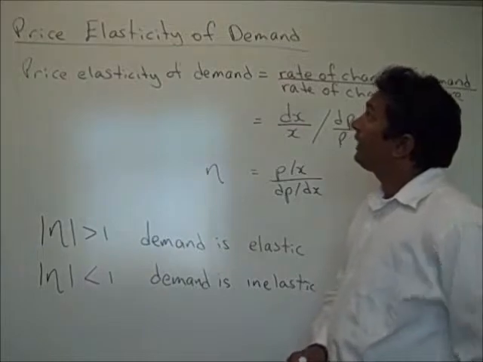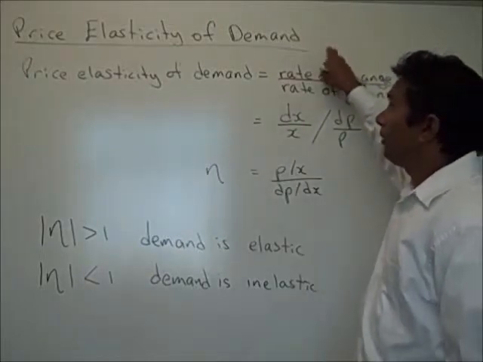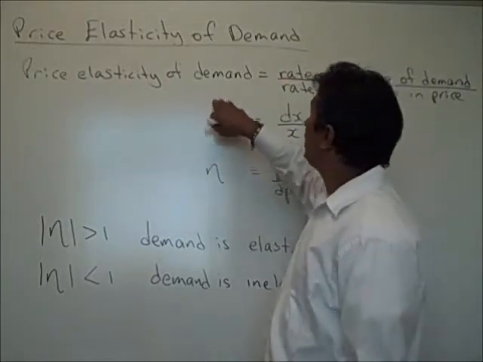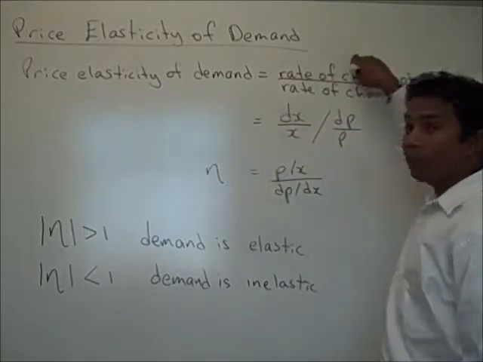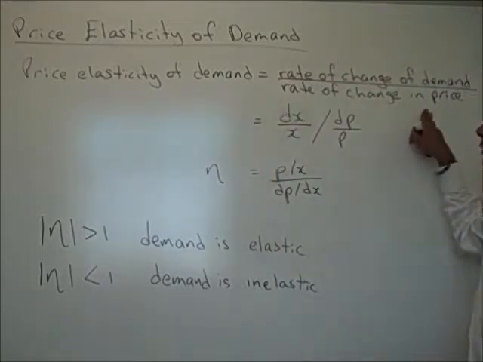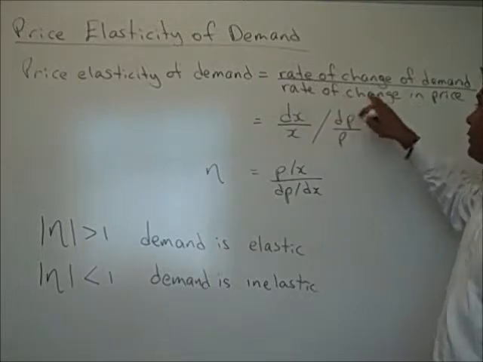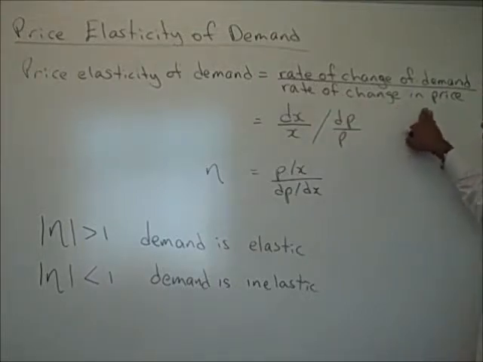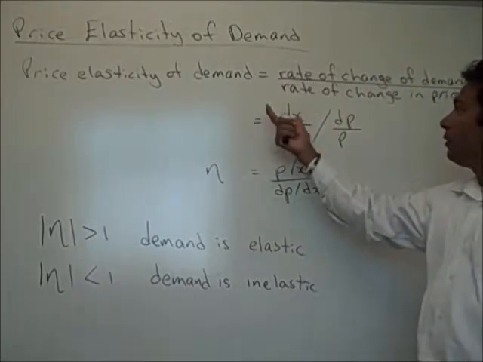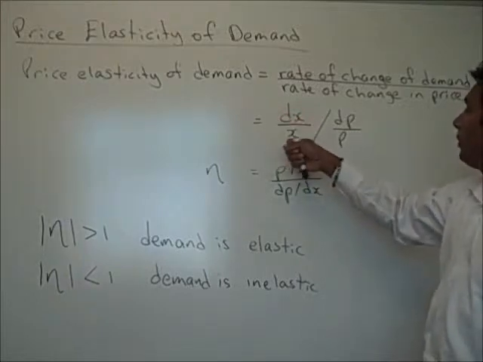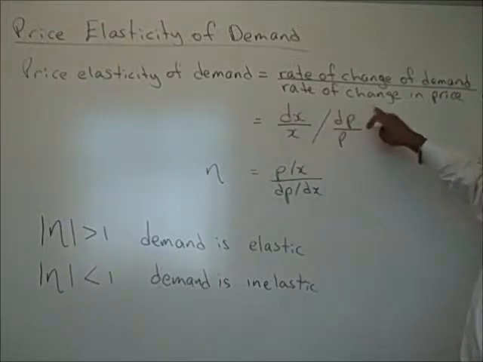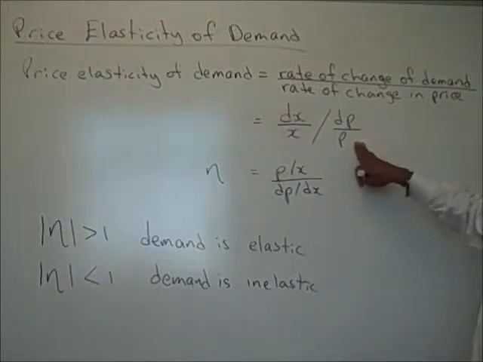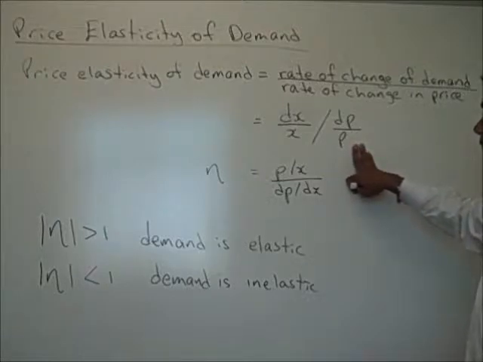Now let's get to price elasticity of demand. The price elasticity of demand is defined as the rate of change of demand divided by the rate of change in price. Now the rate of change of demand is dx over x, and the rate of change in price is dp over p.